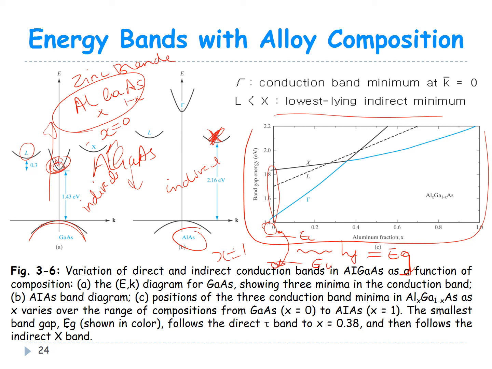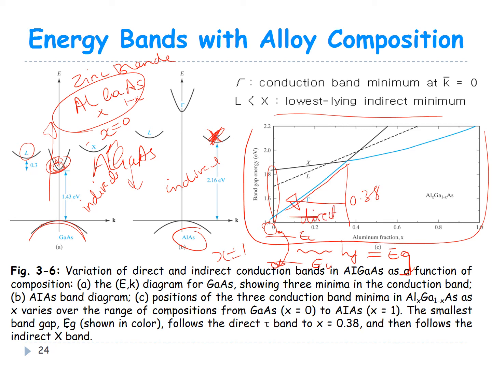And if you keep adding more aluminium and decreasing gallium, you can see that your gamma moves up further away from the valence band up until you reach this point here, which is around 0.38. So going all this way your semiconductor is a direct semiconductor.